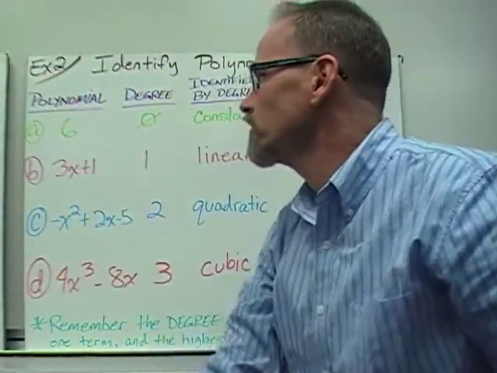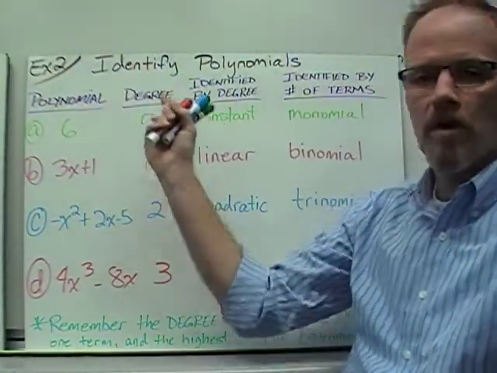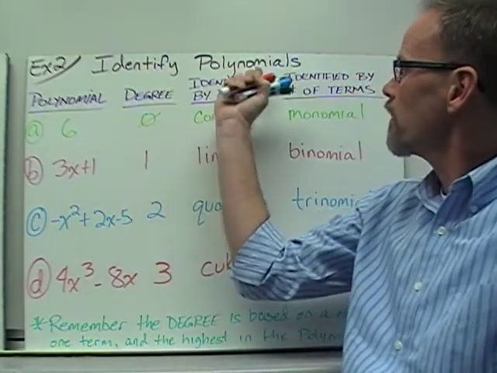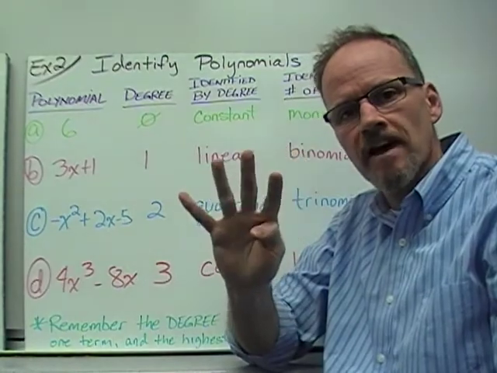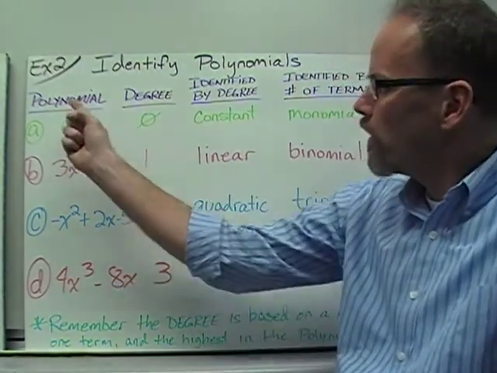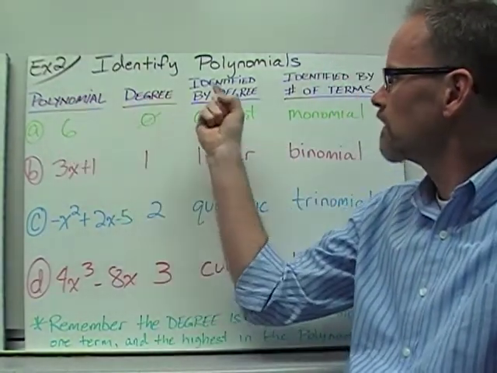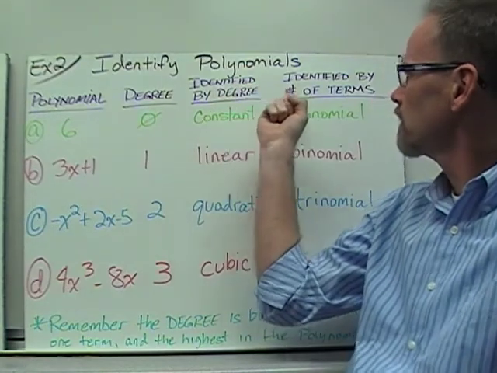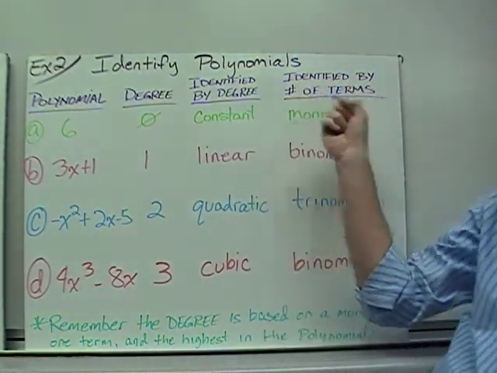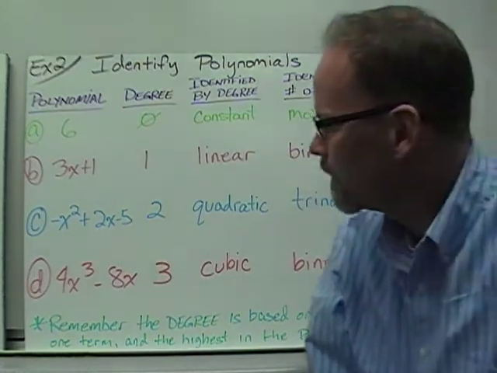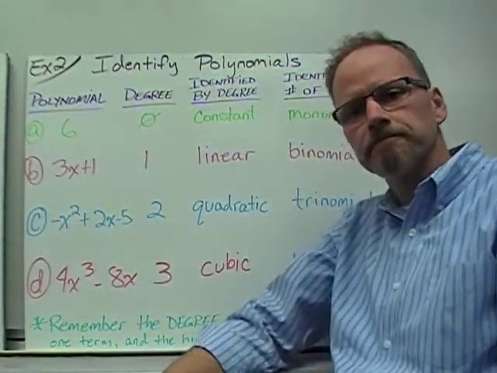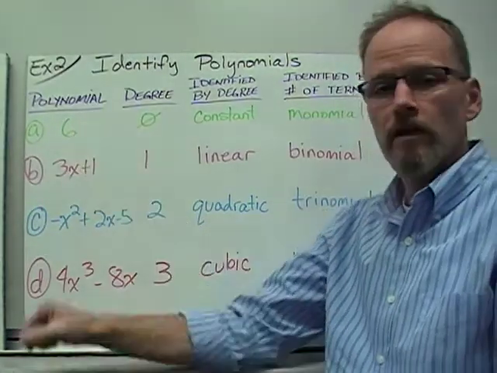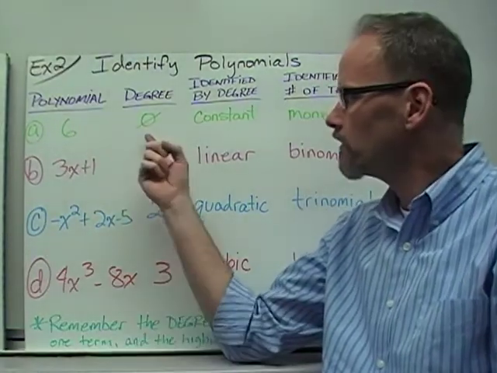So, example 2. What I want you to do is be able to identify polynomials, and I want you to be able to identify them in 4 different ways: the polynomial itself, identified by the degree, and identified by the number of terms. So, if I look at A, number 6, there's no variable, so I know the degree is 0.